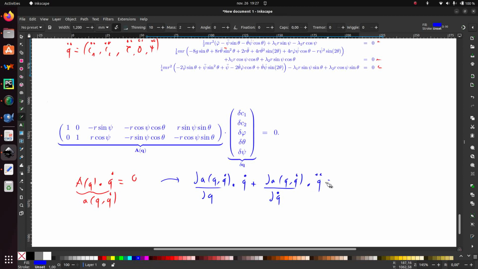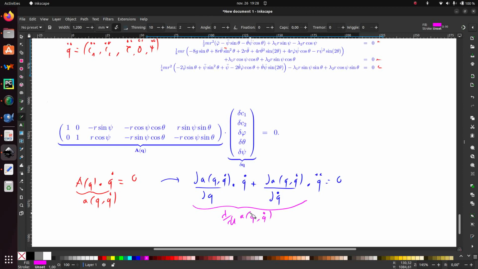And I'm happy here because I make a q dot dot appear, and it corresponds to the missing equation. So I will recall that this corresponds to the derivative with respect to t of a, which depends on q and q dot. Okay.